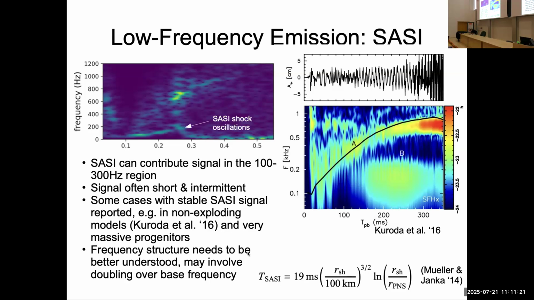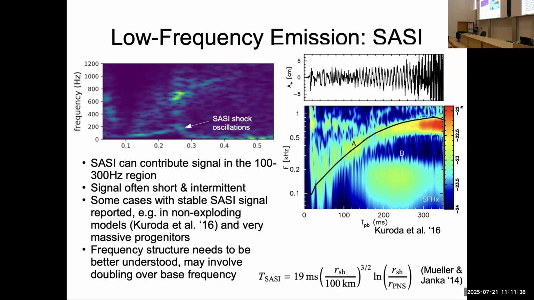And the information that this would potentially give you is something about the time scale for the SASE oscillations, and that's really set by the shock radius. So if you can measure that, you get information on the shock radius, ideally a time-dependent one.